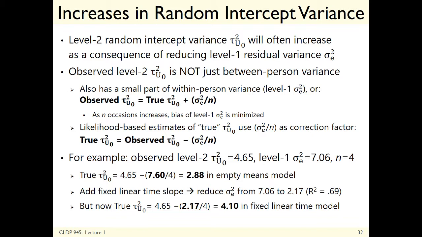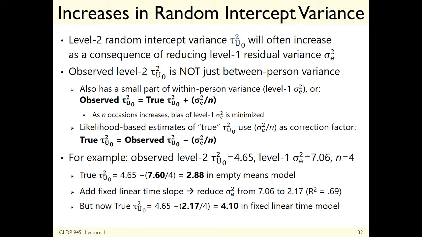How much it thinks is due to chance is captured by the residual variance divided by the level 1 sample size. So if you look through the numbers here, if what I really have is between person intercept variance that's 4.65 and my residual variance was initially 7.06, what's going to show up in an empty model as all the between intercept variance is 2.88.